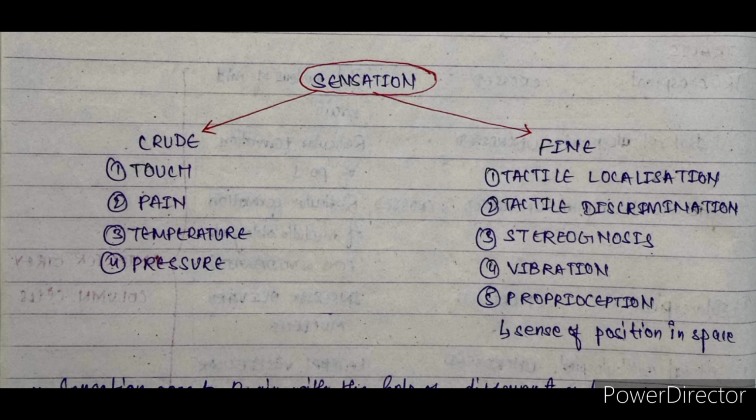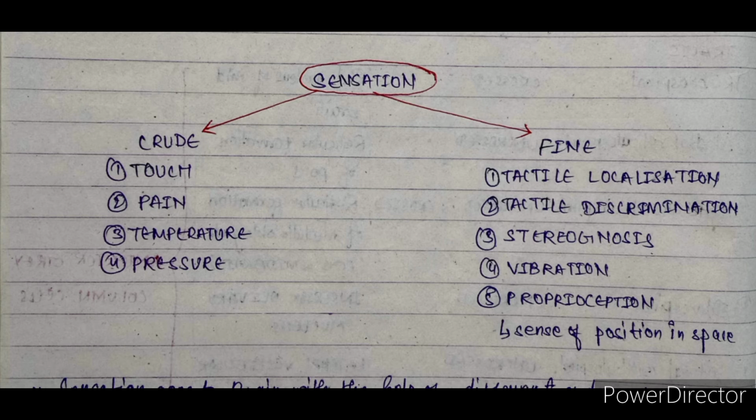The crude sensation has 4 types, that is touch, pain, temperature and pressure, whereas fine sensation is of 5 types, that is tactile localization, second tactile discrimination, third stereognosis, fourth vibration, fifth proprioception.